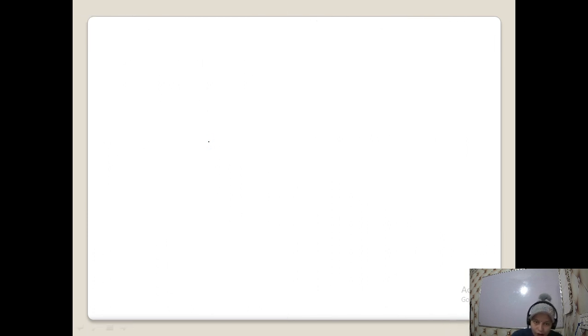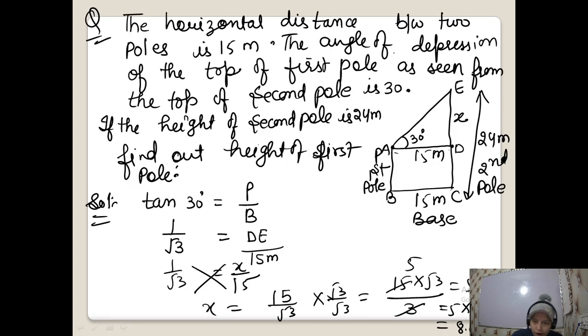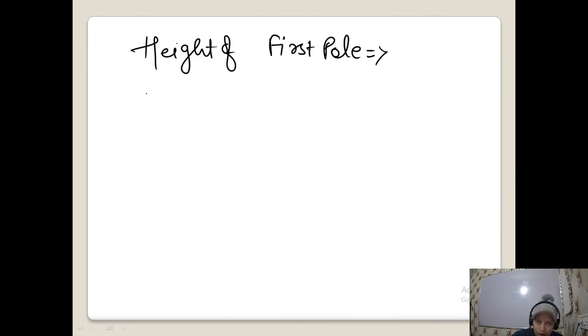Now you have to find the height of the first pole. You can find it by this method, because when we find CD, then we will also find the first pole's height, because CD is equal to AB.